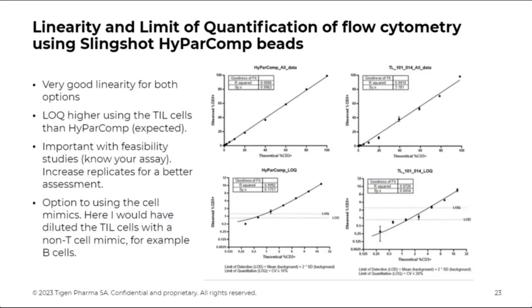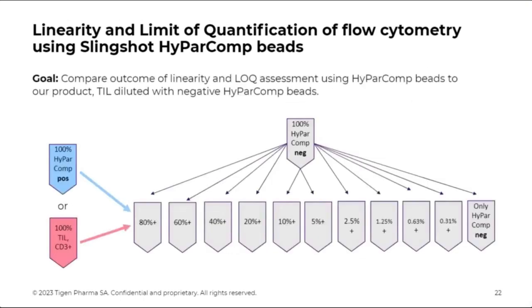So I will walk you through this slide. The top two graphs is the linearity assessment. Here we look at all the concentrations that we diluted down to. We used all of these samples to look at the linearity.